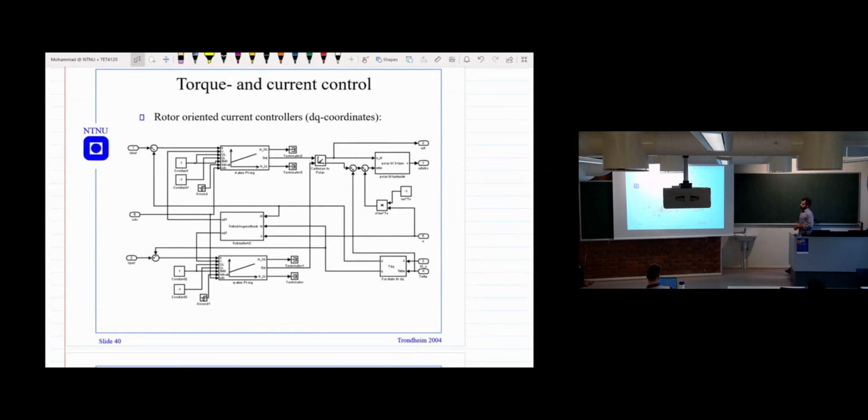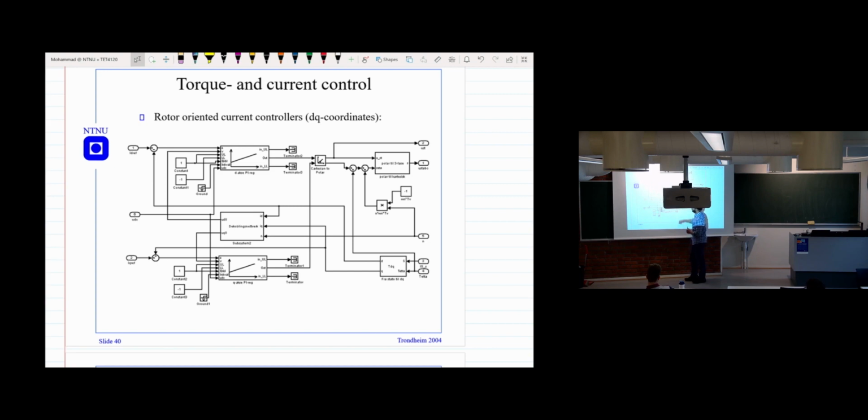So this is just a block diagram that was built in Simulink. And we have the PI controller that we discussed in the control and filtering lecture. So you have two separate controllers, one PI controller for the d-axis and one PI controller for the q-axis, and we have one decoupling term, so we can neglect the cross-coupling effect.